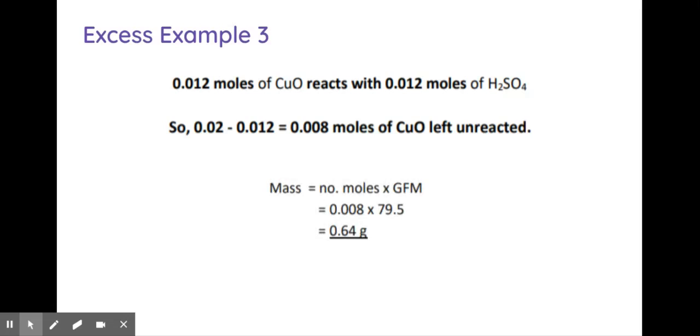If we want to calculate the mass of 0.008 moles of copper oxide, we can use the mass equals number of moles times gram formula mass triangle to come up with 0.64 grams.